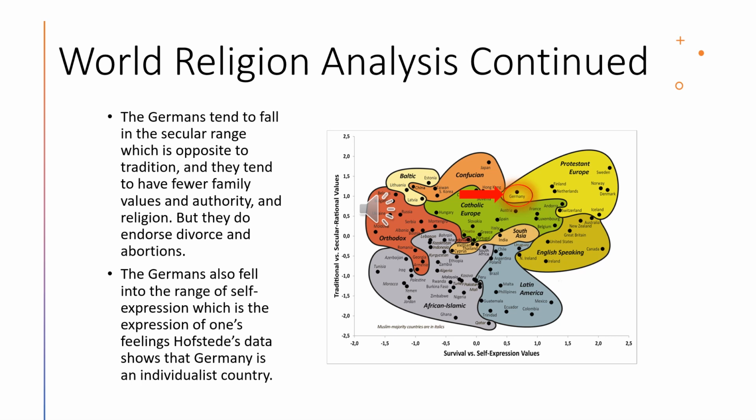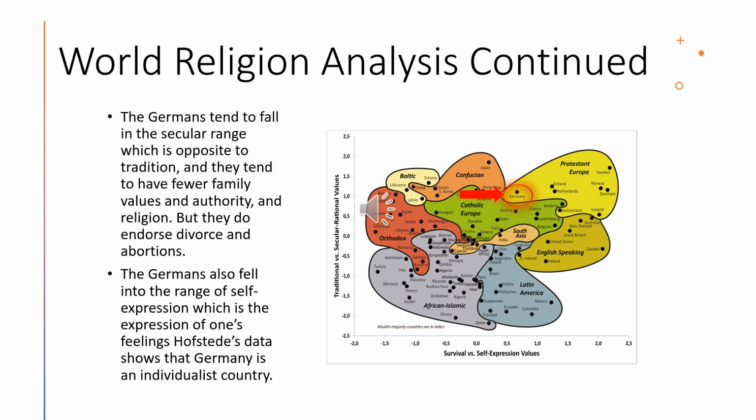When looking at the religion analysis, I've provided a map here, and basically the Germans tend to fall in the secular range, which is the opposite of tradition. They tend to have fewer family values, authority and religion, but they do endorse such things as divorce and abortion. The Germans also fall into the range of self-expression, which is the expression of one's feelings.